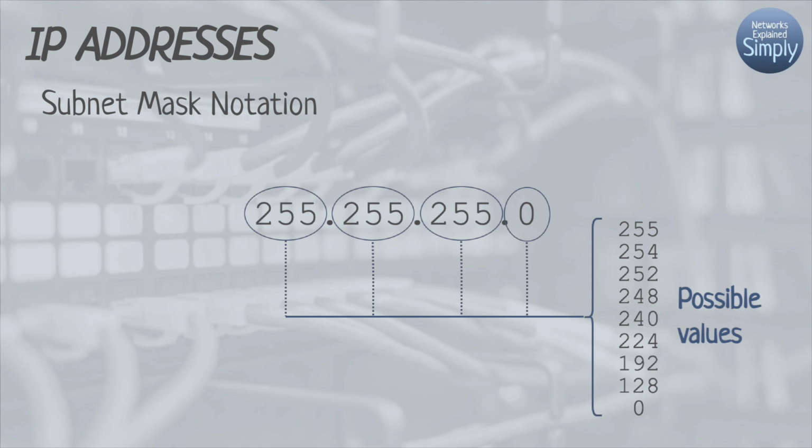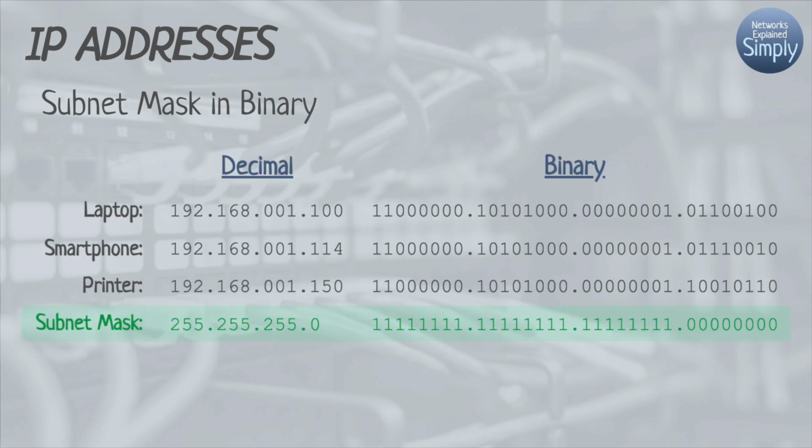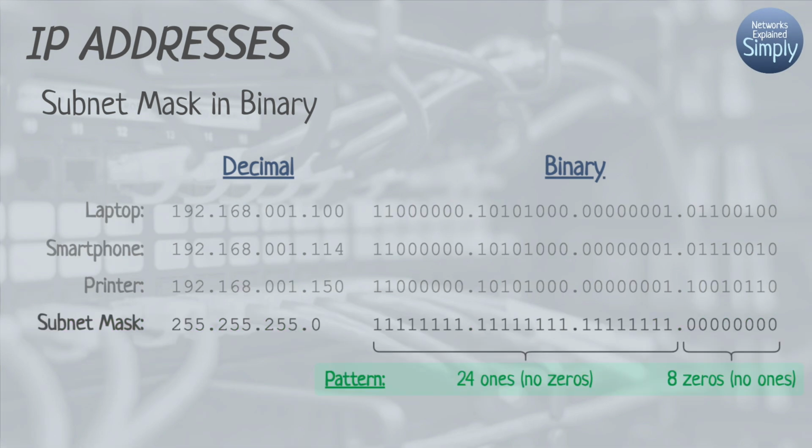Let's look at this subnet mask in binary notation, and let's place it directly under the IP addresses from our example network. How would you describe the pattern of the bit values of this subnet mask? If we read it from left to right, ignoring the dots, what we have is a series of uninterrupted ones, followed by a series of uninterrupted zeros.